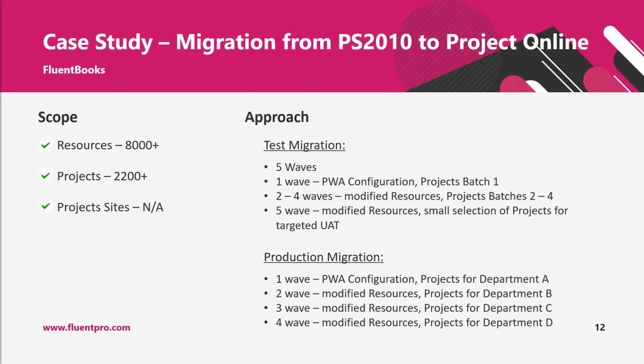It took us 4 days: Friday, weekend, and Monday. And after the first wave was completed, Department A switched to the Project Online environment. Departments B, C, and D were still working in the old environment.